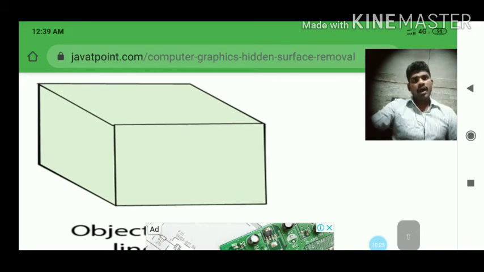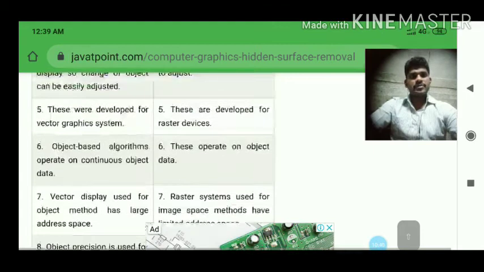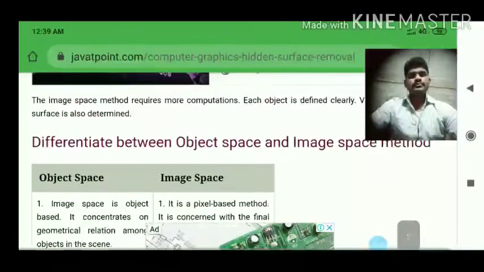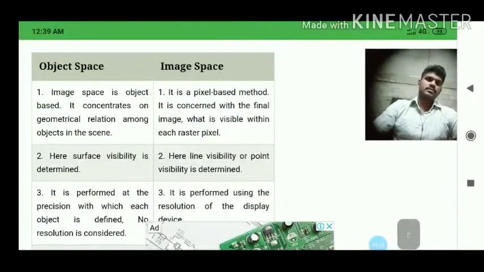Now, how would we do this? We will do this in two ways. Two methods are there for hidden surface removal. The first method is called the object space method. The second method is called the image space method.